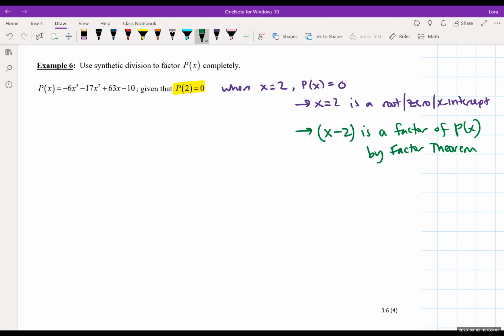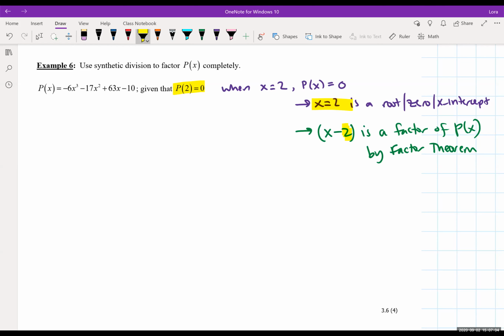Basically, if I already know a root, it's always x minus whatever that number was. So if you had a -2 as a root, then it would be x minus a -2, which would be x plus 2. But we just have x equals +2 as a root. That's the only thing we're given. So that means x minus 2 is a factor of P of x.